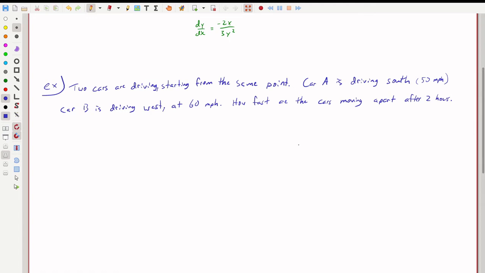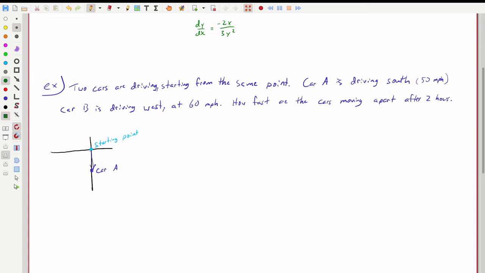Okay, so I'm going to draw a diagram here. So on my diagram, we'll say that I have a starting point here, and car A is driving south, so going down this way, we'll say at some point we have car A here.